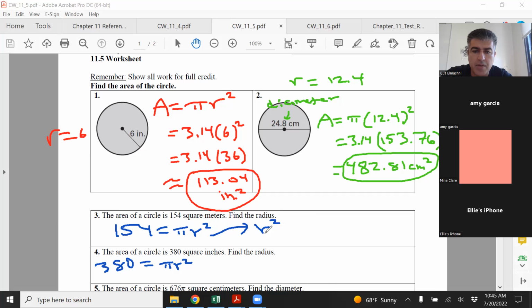R squared will equal 150 over pi, or 150 over 3.14.